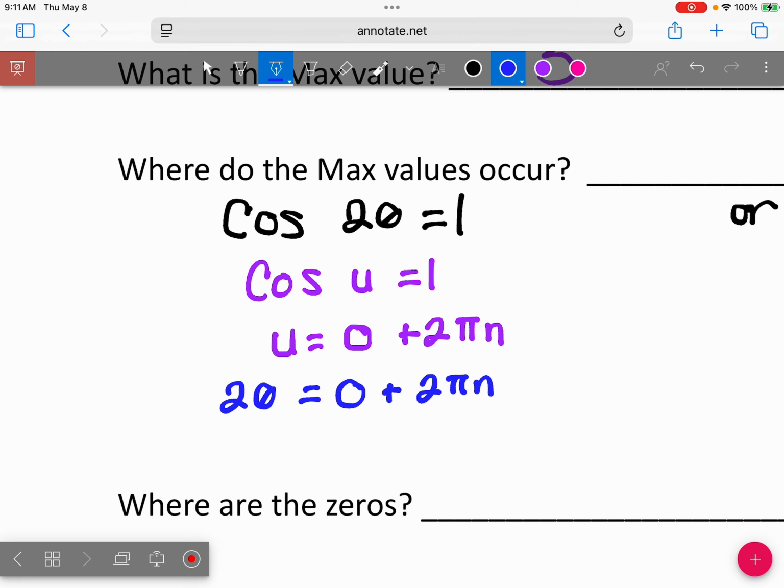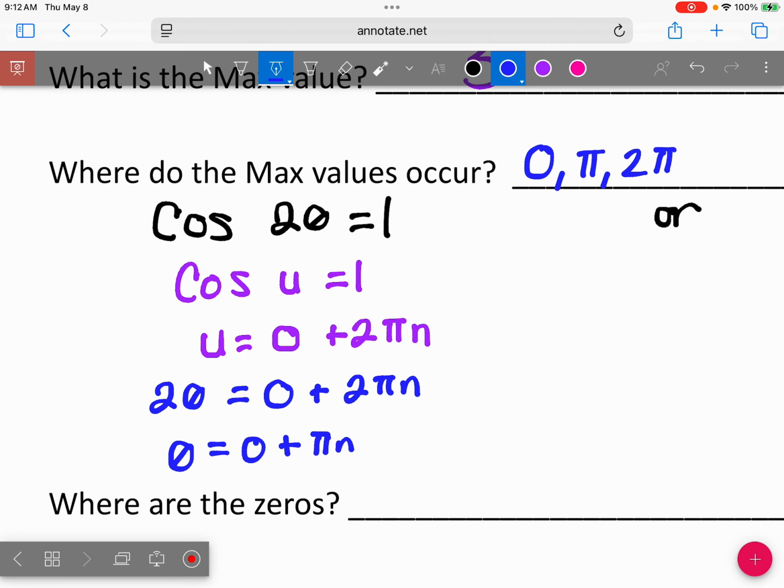So what's our theta going to be? 0 plus pi n. So it'll occur at 0, pi, 2 pi, and we could keep going, but that's where we're stopping on our interval anyway.